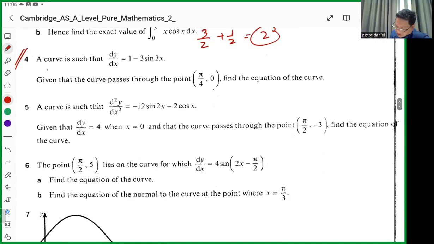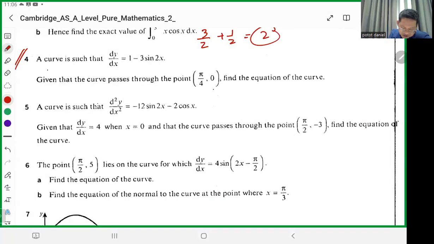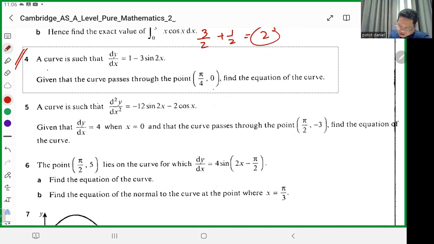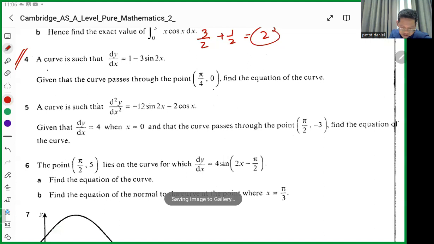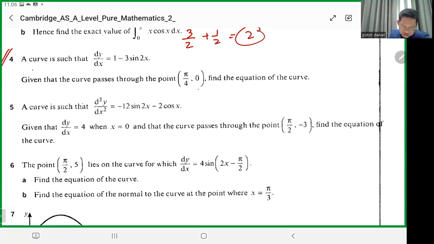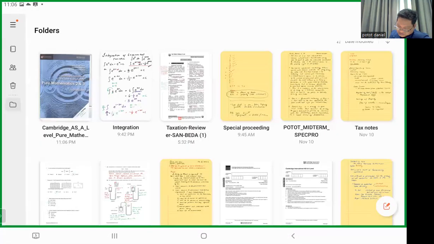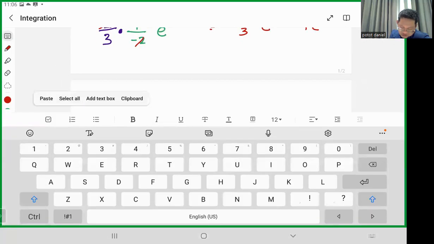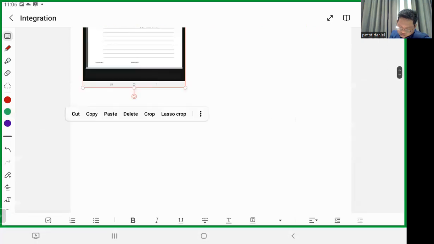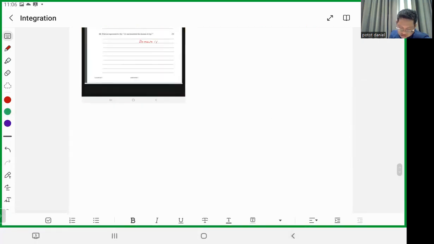Is it possible to copy this? Let me try to copy that, and then paste it here. I don't know if that's possible. Paste. Oh, does it work?